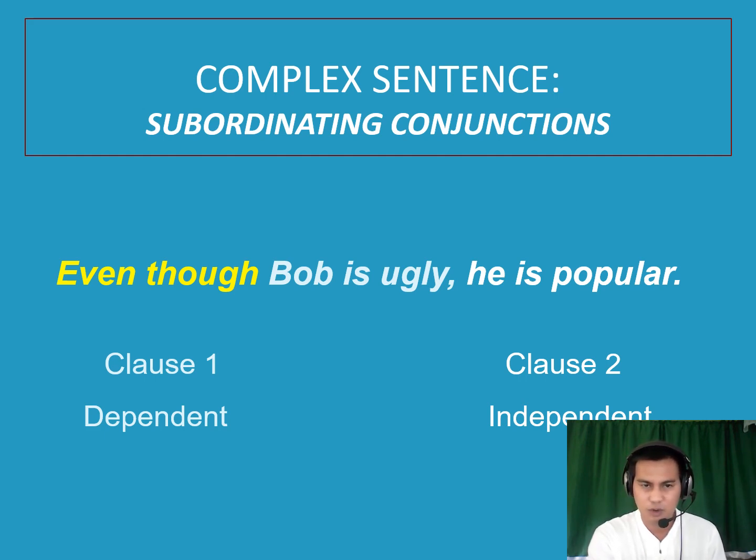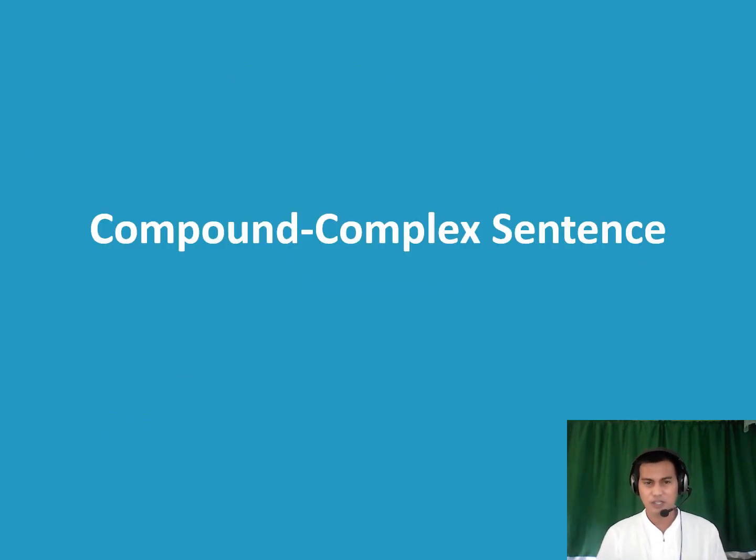So you put "even though" closer to this part, Bob is ugly, that makes it dependent. He is popular, that's now the independent clause. Okay? Wherever you put the "even though" or the subordinating conjunction, that will make that word or group of words powerless, weak.